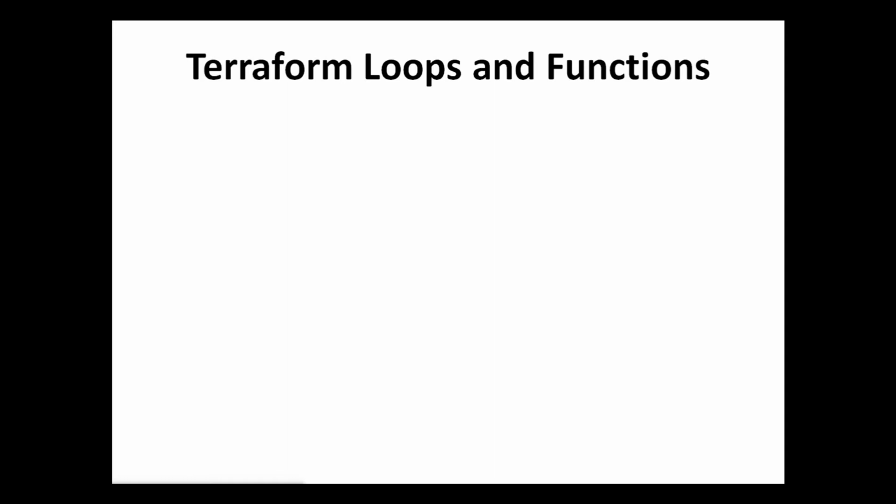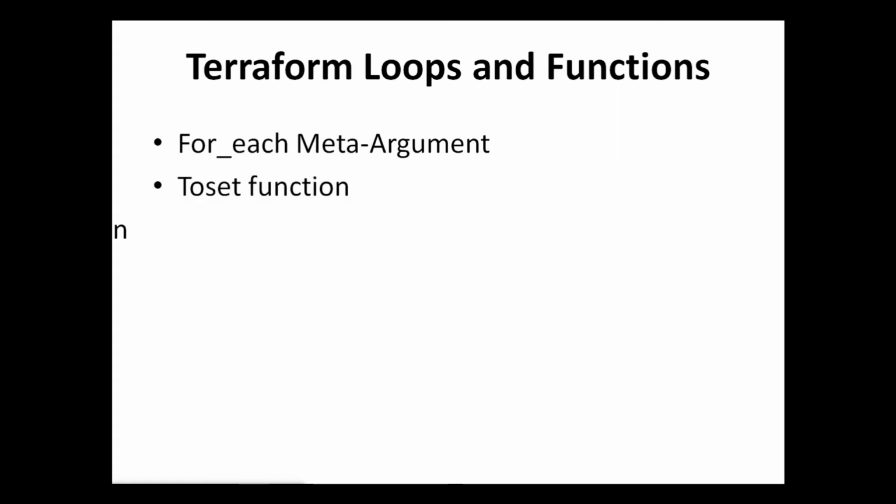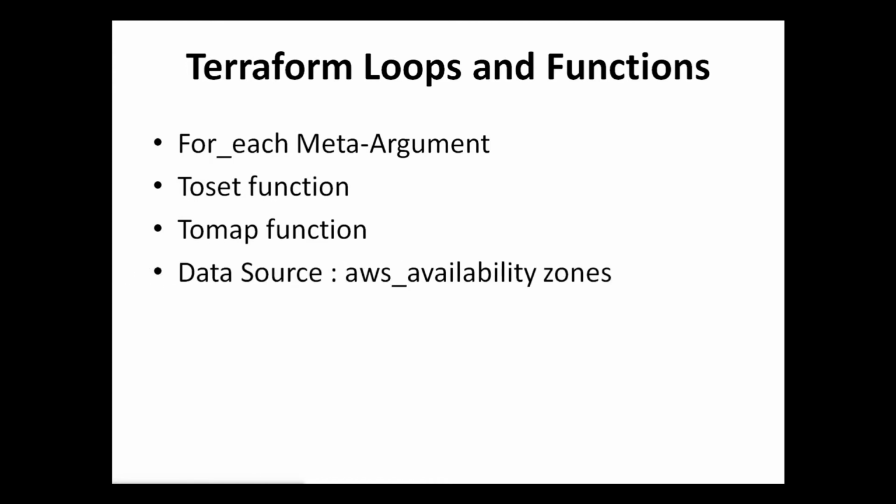Here we will be understanding the for_each meta argument, the toset function, the tomap function, and also we will be seeing one data source which is AWS availability zones. We won't be wasting much time, and this will basically be a practical session.